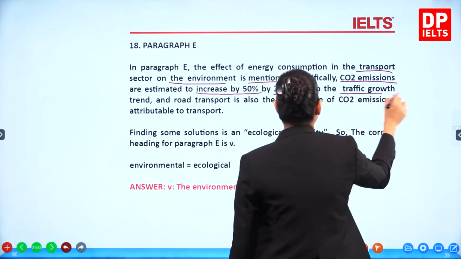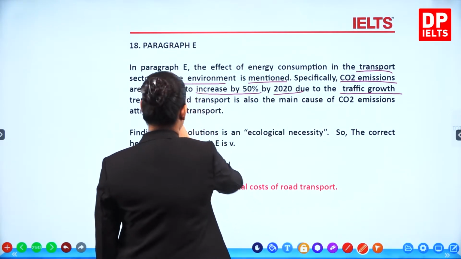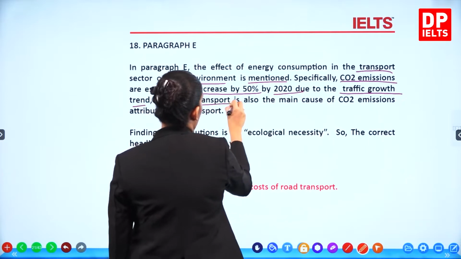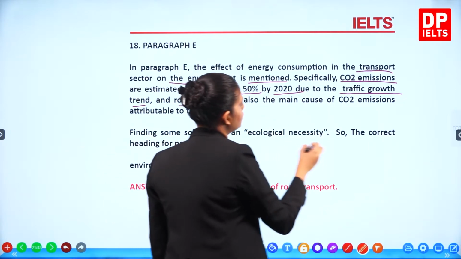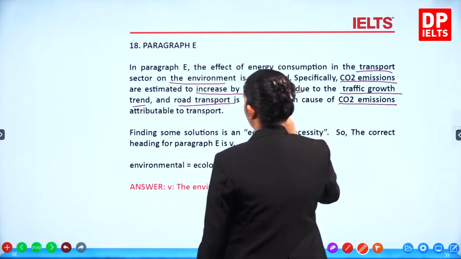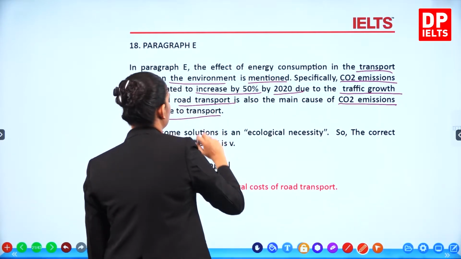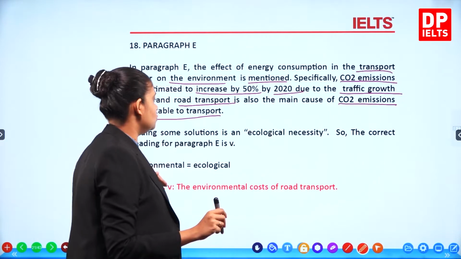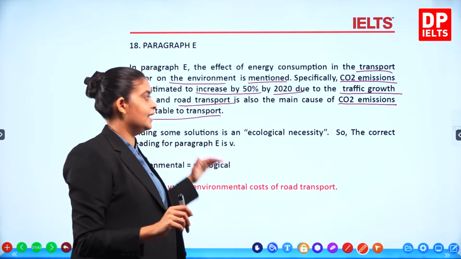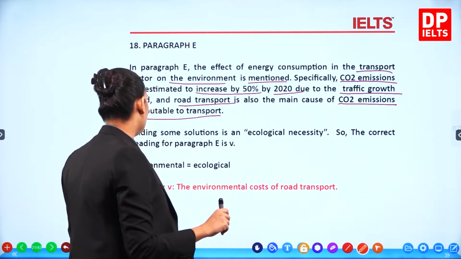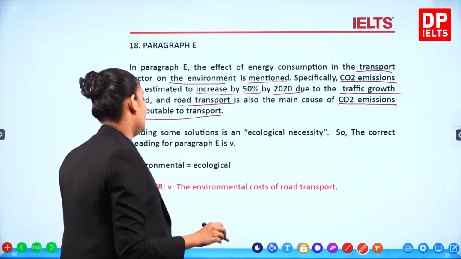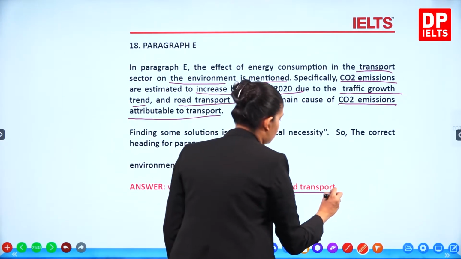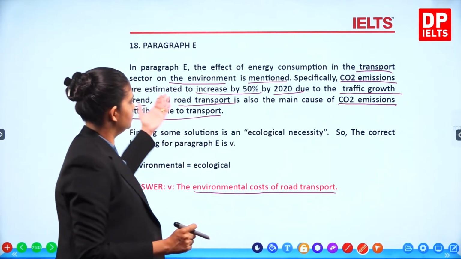Due to the heavy traffic growth trend in road transport, which is also the main cause of CO2 emissions attributable to transport. So finding some solutions is an ecological necessity. Therefore, I would say it is number 5, the environmental costs of road transport.